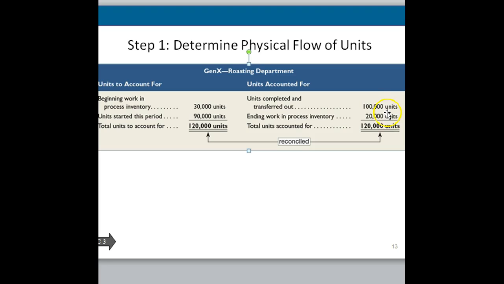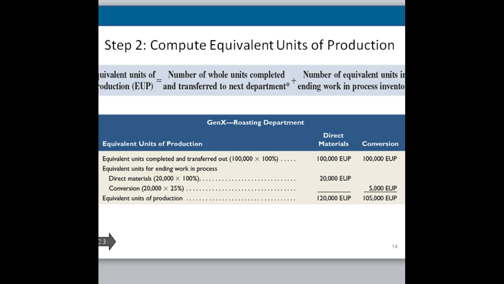If I add those two together, I reconciled it, right? I began with and started 120,000 units. I transferred out 100,000 units, and I have 20,000 units left.